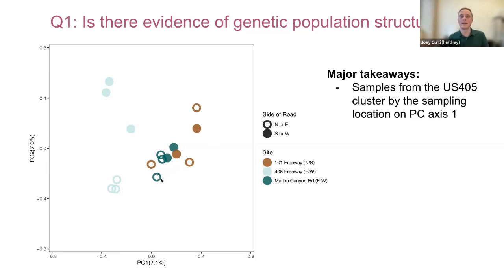And this indicates that this analysis picks up some signal of difference for sampling location along principal component 1, which is explaining most of the genetic variation, which is interesting.